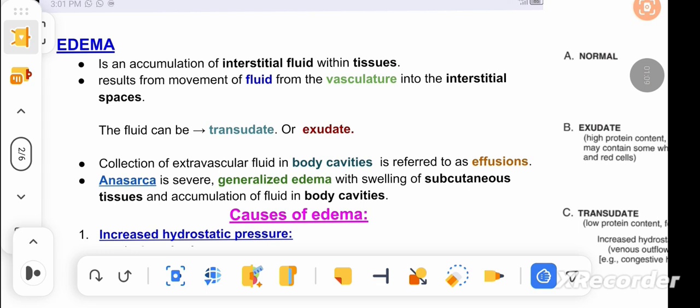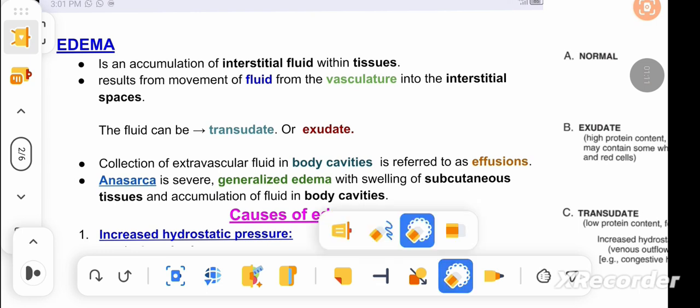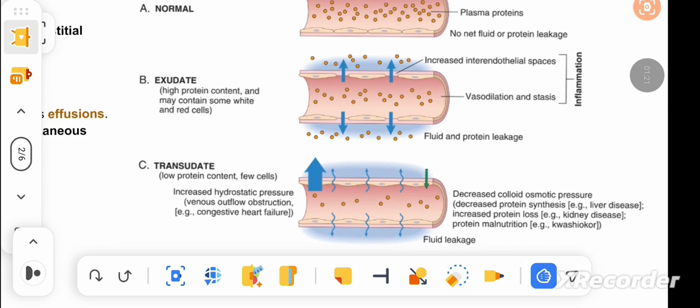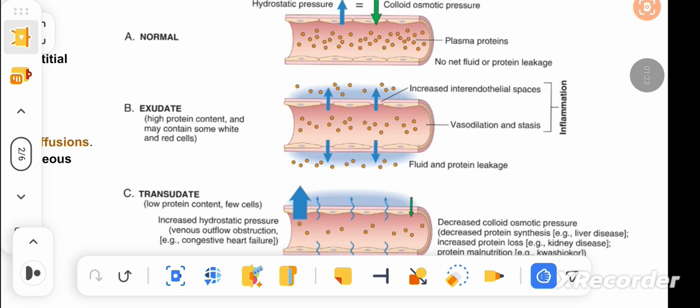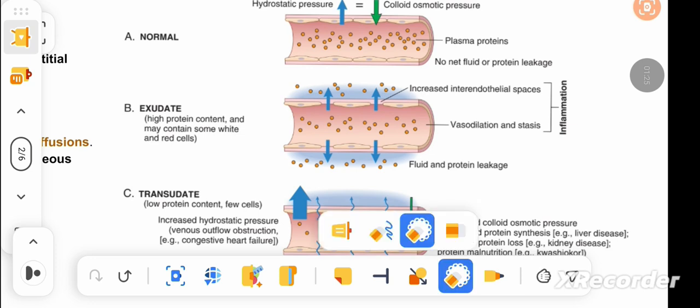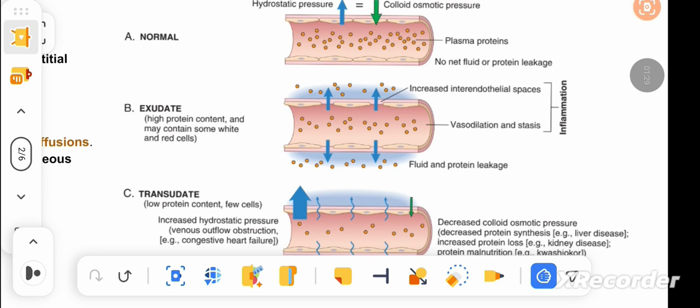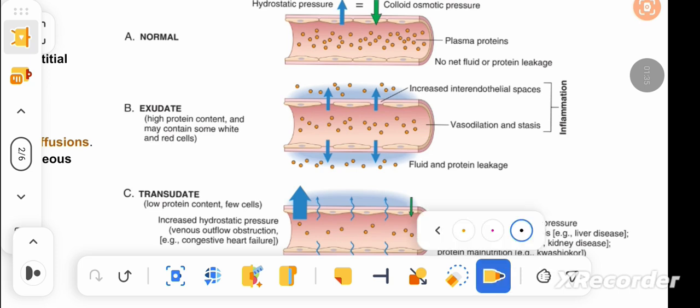We have said this edema can be in the form of a transudate or an exudate. But what is a transudate and what is an exudate? A transudate is a fluid which is poor in proteins. Okay, there is low protein content in a transudate.